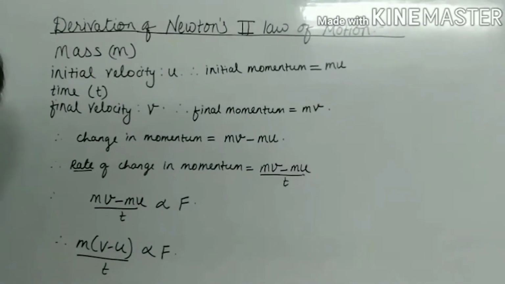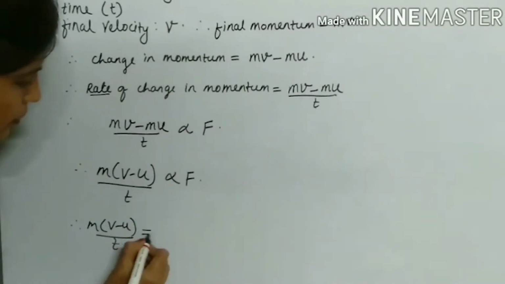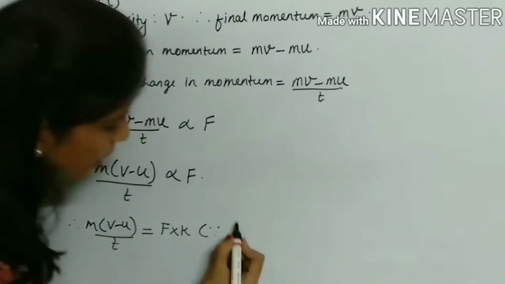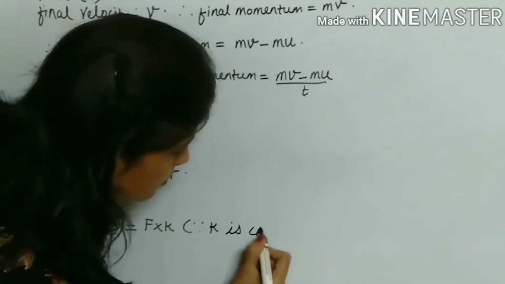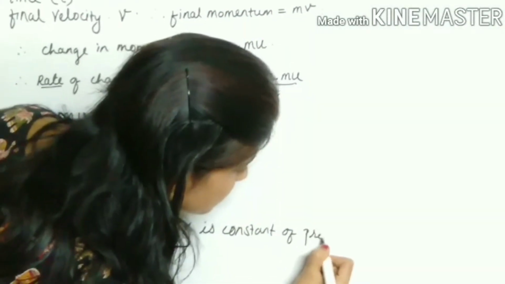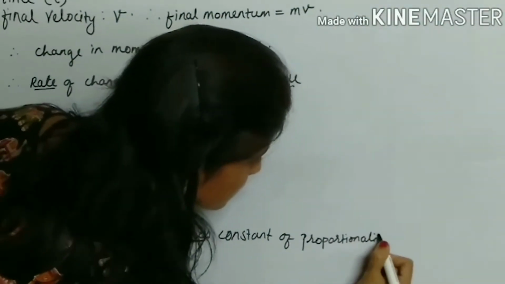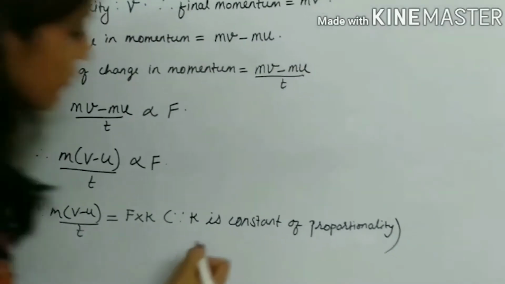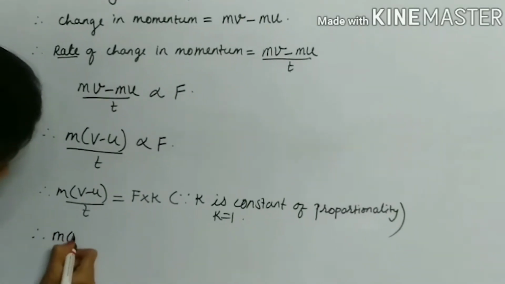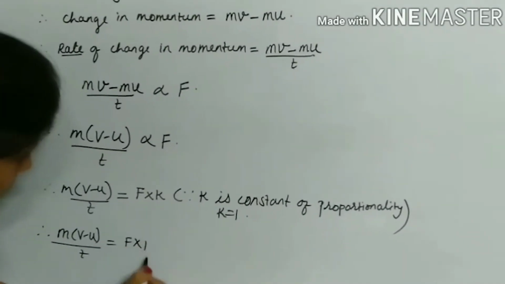So, it becomes m(v minus u) upon t is equal to F into k, where k is the constant of proportionality, and which is equal to 1. So, m(v minus u) upon t is equal to F into 1.